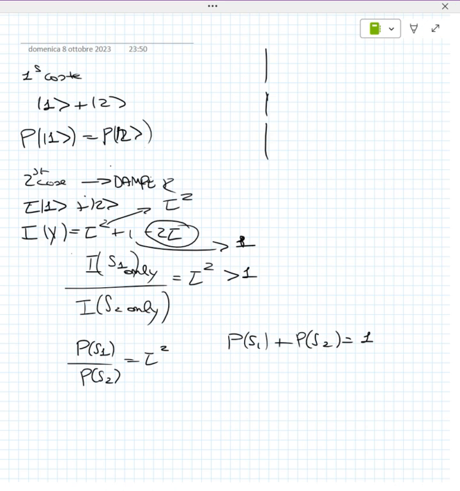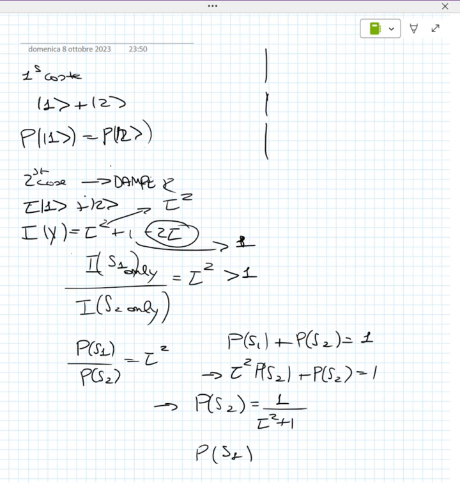So easy math here. This is just algebra, I will not talk much about that. So these are the probabilities for the photon to pass through the second and the first slit.